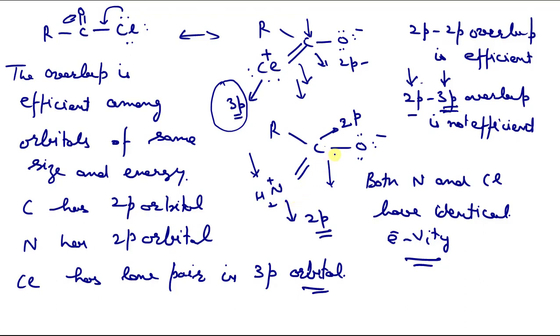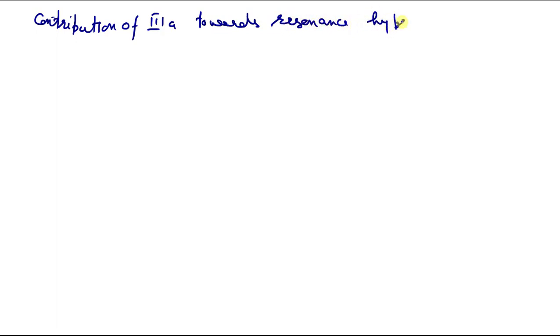So the contribution of this structure, 3a, in case of acid chloride towards the resonance hybrid is very less. So that's why acid chlorides are least stable.